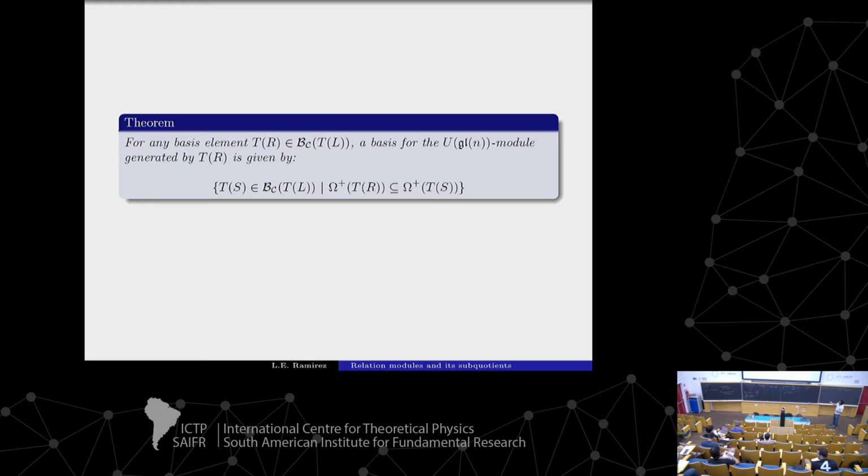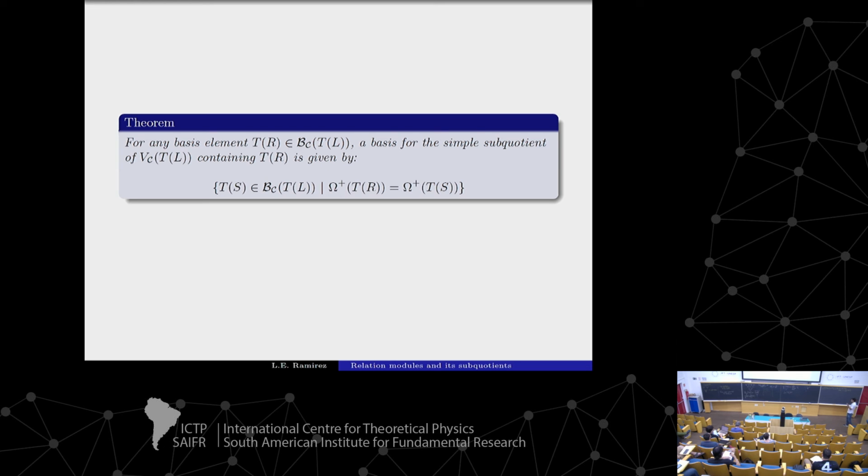The module generated by this element has a basis, which is the set of all basis elements such that you have this relation with omega plus. So you start with some T of R in the basis, and you consider all tableaux satisfying this relation. This is a basis for the module generated by the original tableau. That's nice, okay?